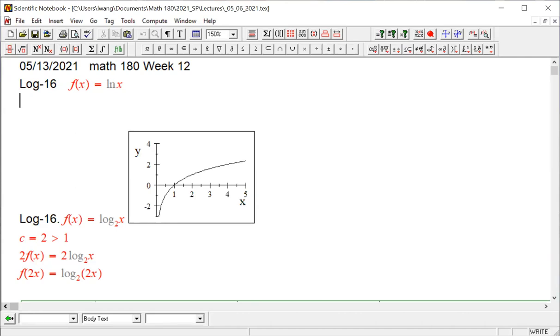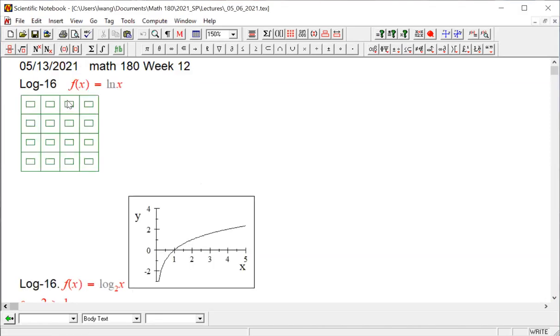For ln x, this time you guys are going to take the lead. This function is absolutely crucial for all of us, for you and me. You as a student, and if I teach the class, I need to know all of them, right? So let's do the shifting, horizontal and vertical.